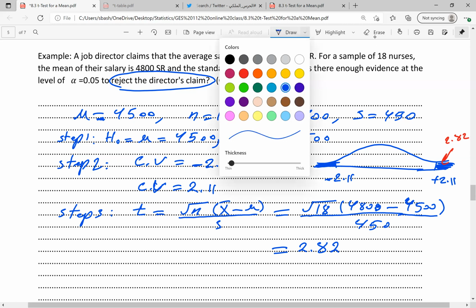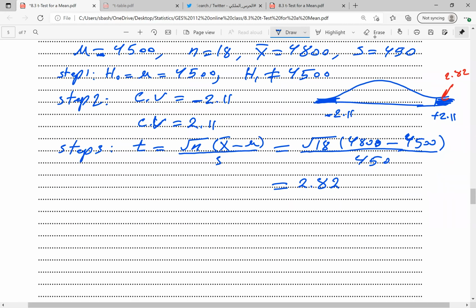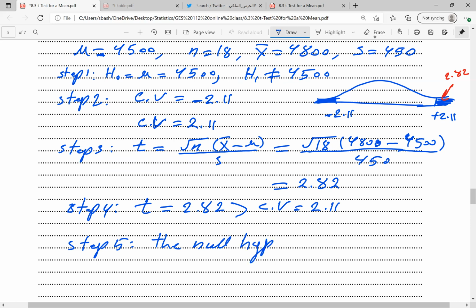So step number 4, to compare, we will see that the t-test value, which is equal to 2.82, is greater than the critical value, which is equal to 2.11, which means in step number 5, the null hypothesis is rejected.